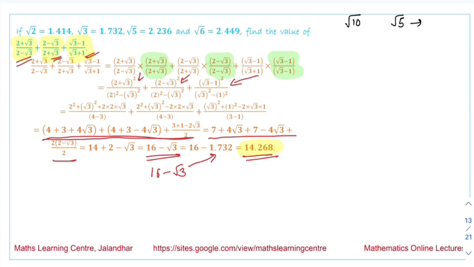You get the final answer in a simplified form. Just substitute the values that are given to you, whatever value is required, and you can find the final answer.